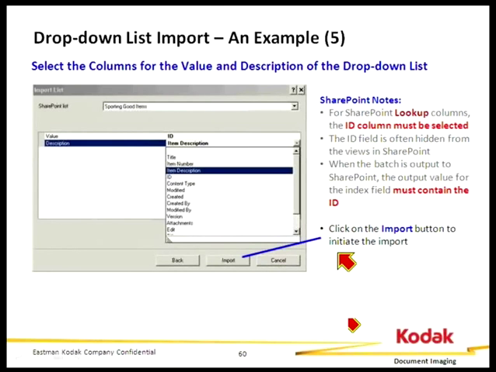Now note that when you have a lookup column in SharePoint and you're importing columns to be brought into the drop-down list, what actually gets stored in a lookup column in a SharePoint library is not the actual value of metadata that's going to be displayed to the user in SharePoint.